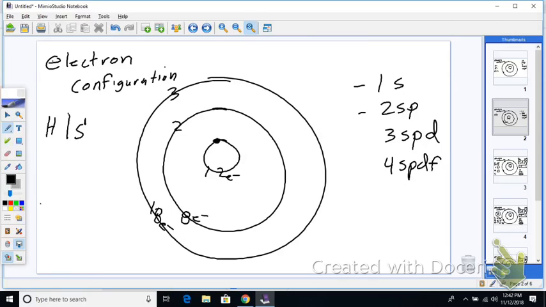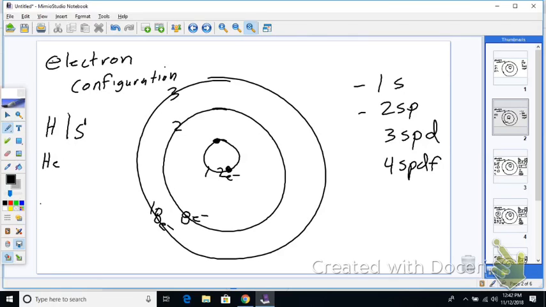So then, what's our next element that we would describe? Helium. So helium, where does that next electron go? The s can hold how many? 2. And the first energy level can have how many? 2. So that next electron will go here. What do we know about those 2 spins?